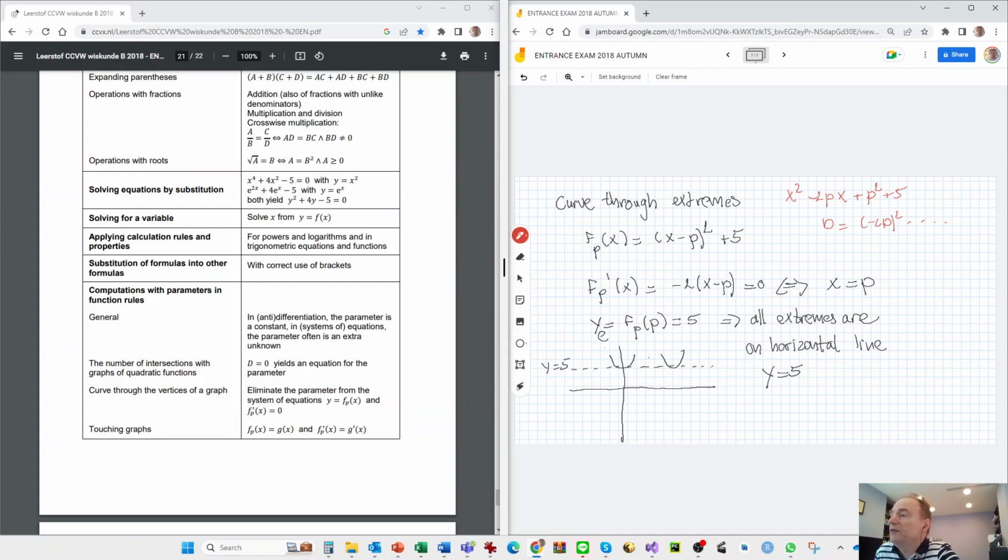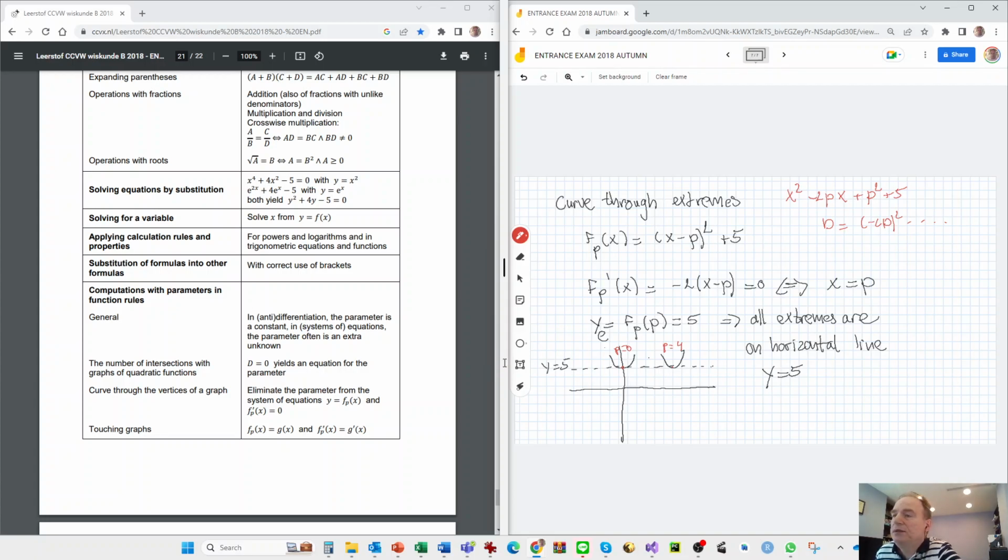So for every one of these functions, say, I think this is p equal to 0, this is p equal to something larger than 0, say 4, all the vertices are actually on a straight line. And finally, with these kind of examples, they will also ask when does this function touch another function g.